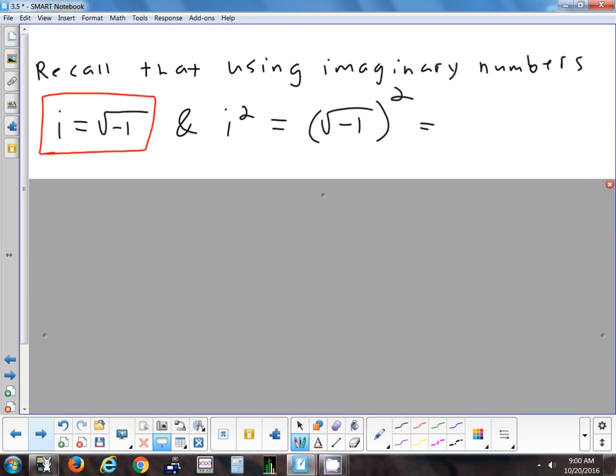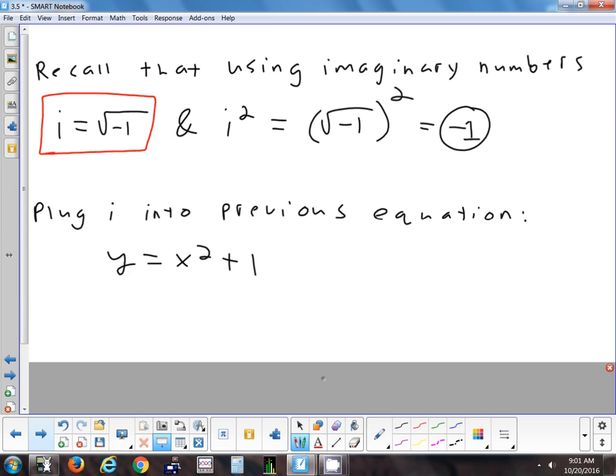So what is i squared? What number? It's negative 1. And that's important because anytime you're left with i squared in a problem, you shouldn't leave it. i squared should always be changed to negative 1. And by doing that, you can then usually combine it with other numbers that are already in the problem. Okay, so never leave i squared in your final answer.